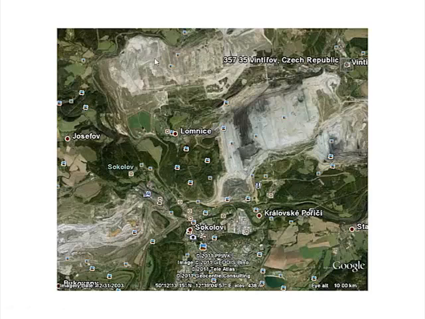What is interesting is this part up here, this stuff here. That's where all of the rubble has ended up. So you've got these hills that at one end are more than 40 years old, and at the other end they're fresh. And that gives us a chronosequence, and it gives us places to do experiments.